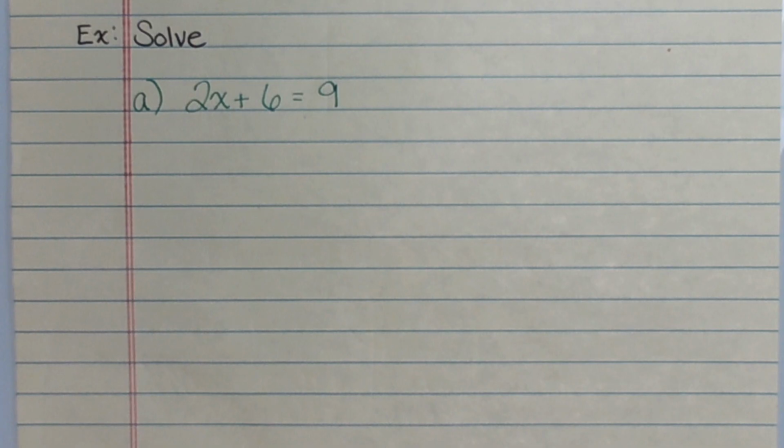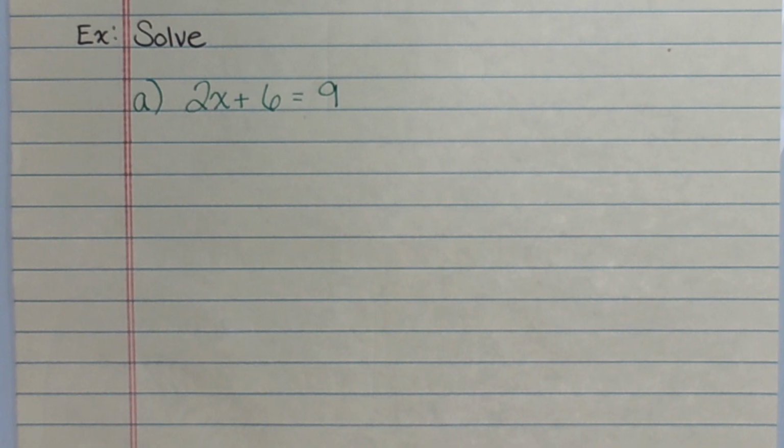Now while we're at it, what the heck is PEMDAS? What's it stand for? Parentheses, exponents, multiply, divide, add, subtract. Now, remember, when you are doing PEMDAS, multiply and divide are together, add, subtract are together.